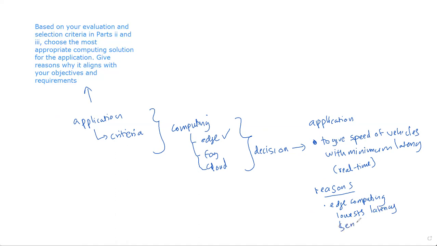So the vehicles with the sensors are located close by to the computing location. So that you can mention. Located near to the computing server. Therefore, the lowest latency can be expected in that situation.